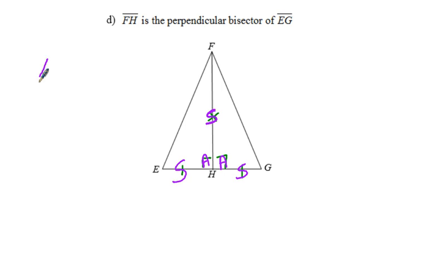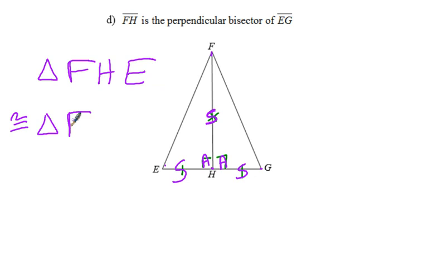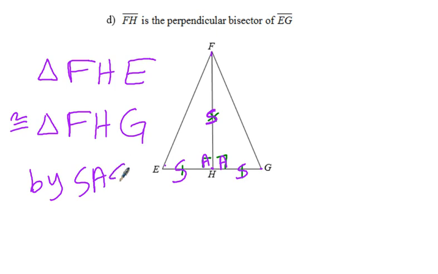And so yes, the two triangles must be congruent. Triangle FHE is indeed congruent to triangle FHG, and we know that by the side-angle-side triangle congruence criterion.